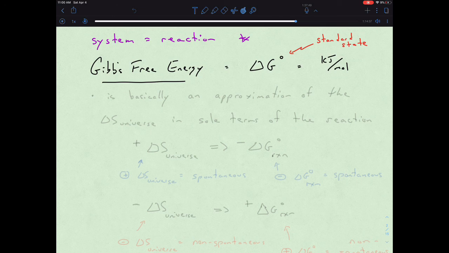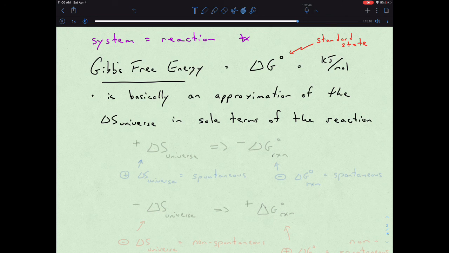So all that is still there. So what is the Gibbs free energy? Well, the Gibbs free energy is basically an approximation of the entropy of the universe in sole terms of the reaction.